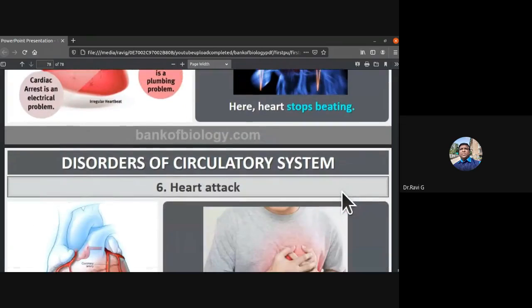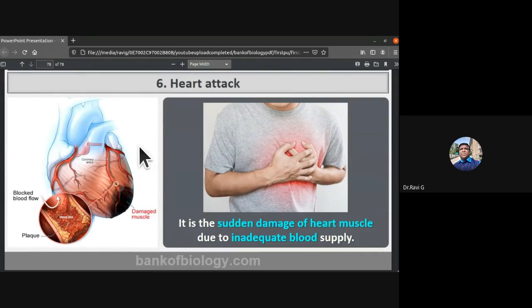Heart attack, as I told you, is a plumbing problem. It is the sudden damage of heart muscles due to inadequate blood supply, which might be because of plaque formation in the coronary arteries and a blocked blood flow.